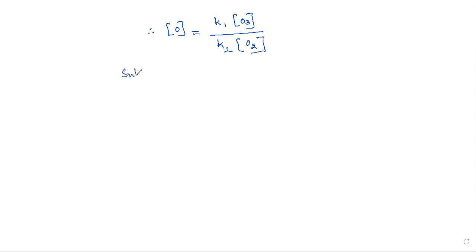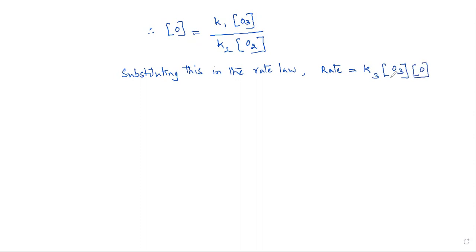Now substituting this in the rate law, that is, rate is equal to K3 into O3 into O, what we have written from the slow step.